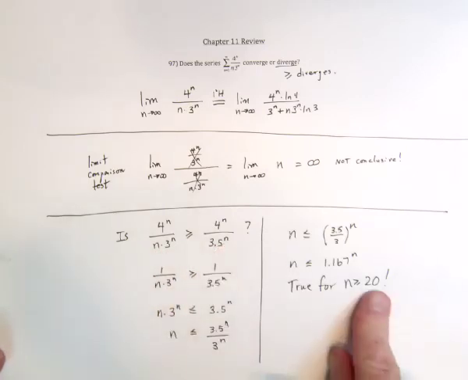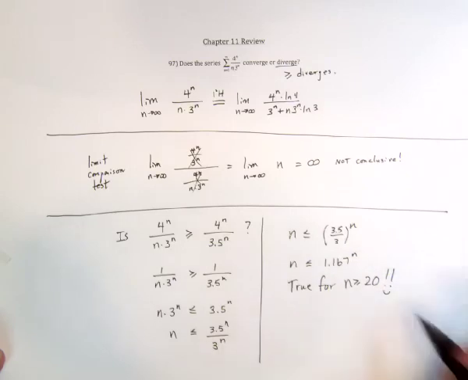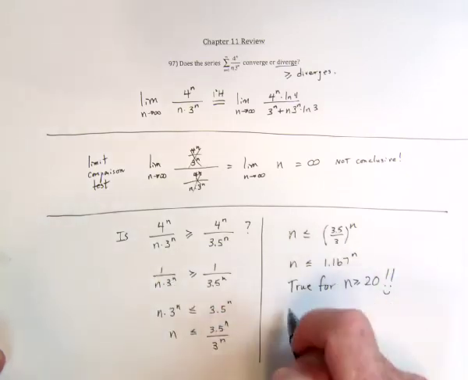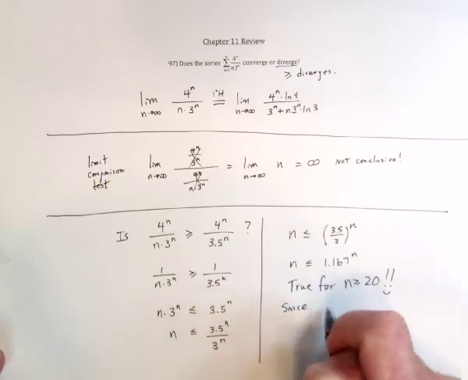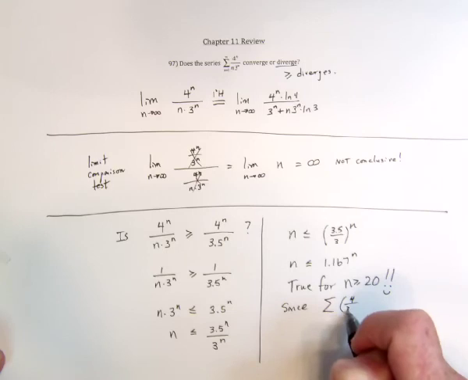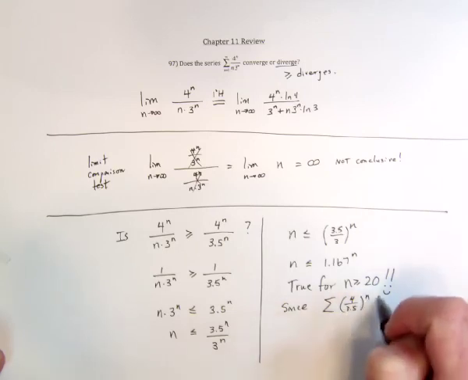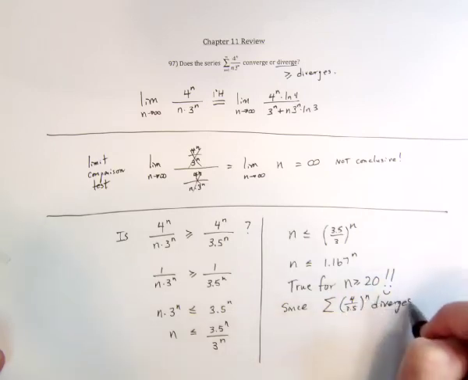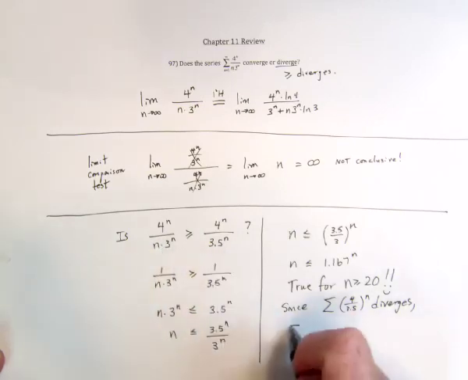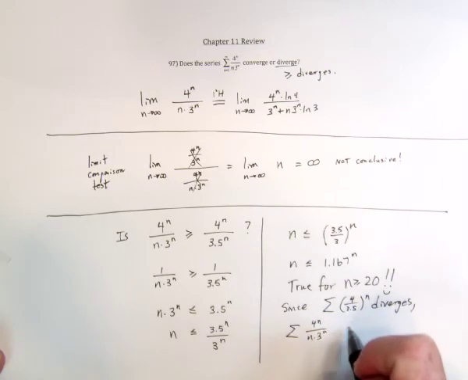Not 20 factorial, that's 20 with excitement. So that means that this one does diverge. So since this one, 4 divided by 3.5 to the n, diverges, and since we just showed that this one is bigger than that one, then this one diverges also.